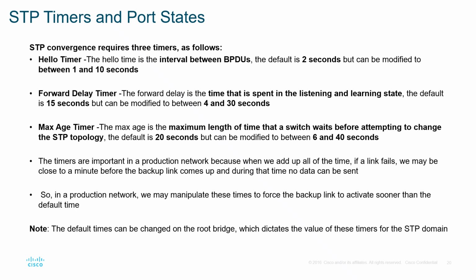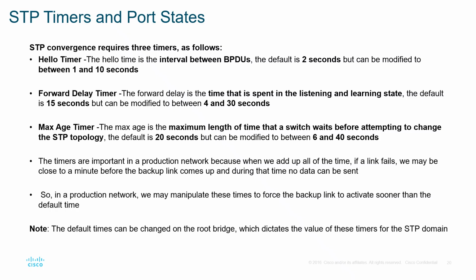This is the time that is spent in the listening and learning states. This has a default of 15 seconds, but can also be modified between 4 and 30 seconds. The maximum age timer is the maximum length of time that a switch waits before attempting to change the STP topology. Your default, again, is 20 seconds, but can be modified between 6 and 40.